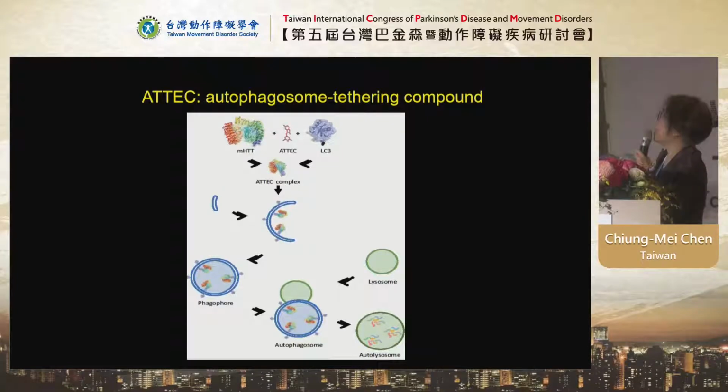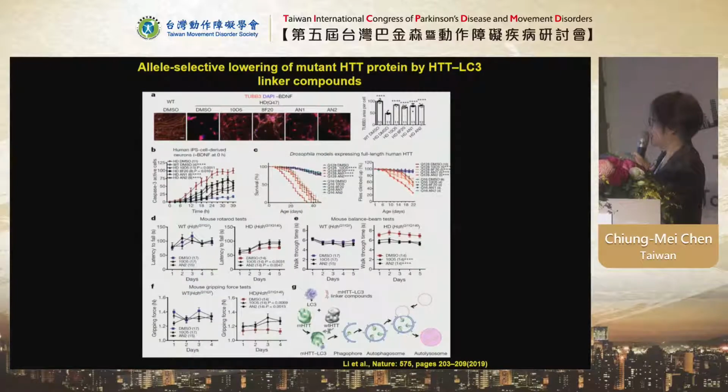Another way, the autophagosome tethering compound, ATTEC, links LC3 and the mutant huntingtin, and tethers the complex into the autophagosome for degradation. And Li from China has identified several molecules that can bind to LC3 and specifically mutant huntingtin, not wild type.